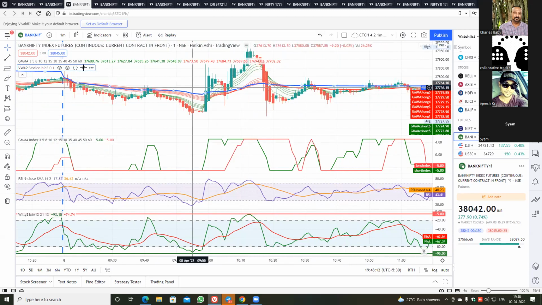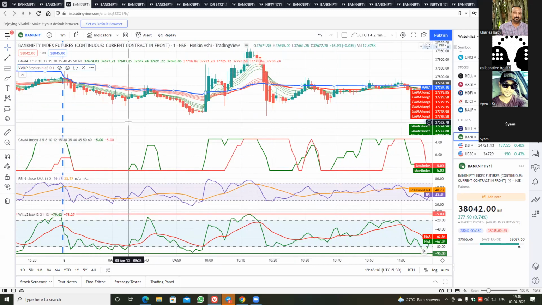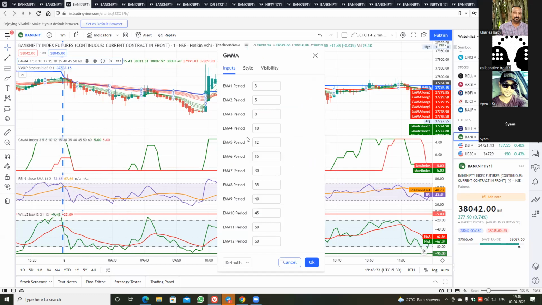And the next indicator is GMMA. It consists of mainly 12 moving averages, EMA, exponential moving averages, starting from 3, 5, 8, 10, 12, 15. Those are short term moving averages.